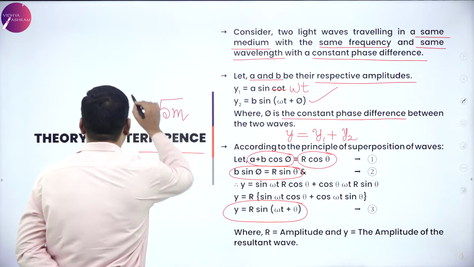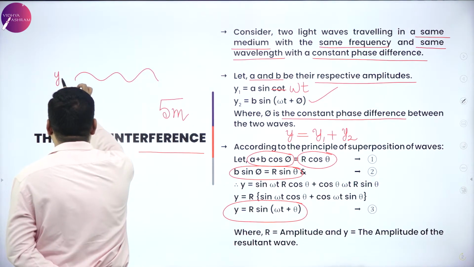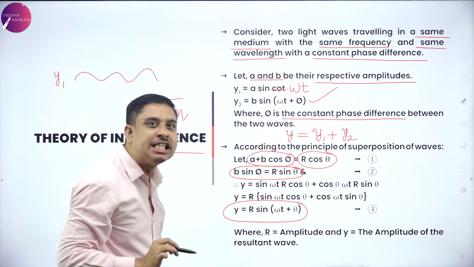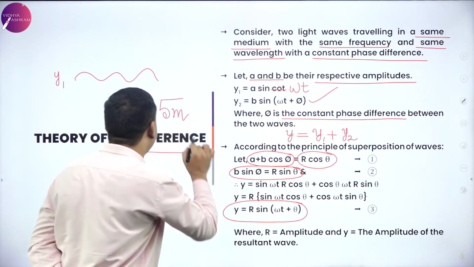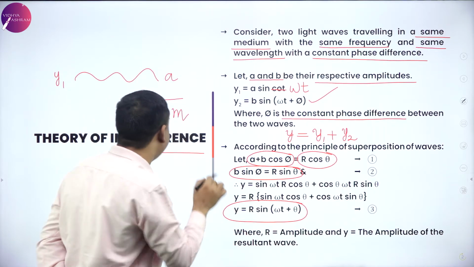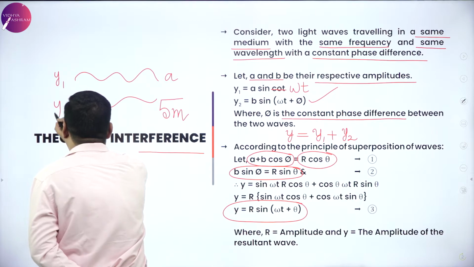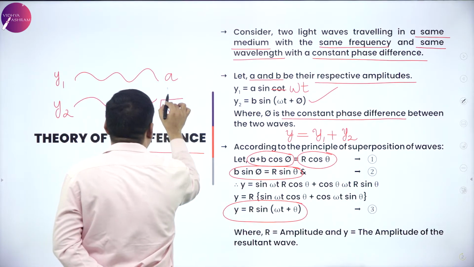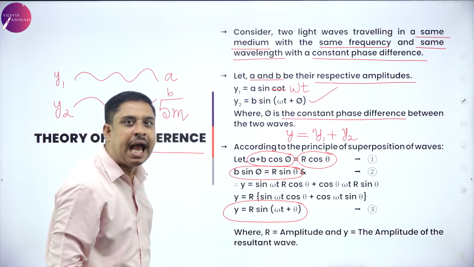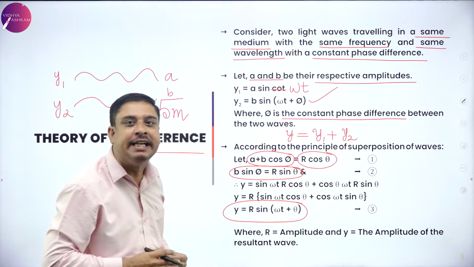My dear students, I assume this is the first wave of displacement y1 and amplitude A. This is the second wave of displacement y2. Amplitude is B. They travel with this condition.